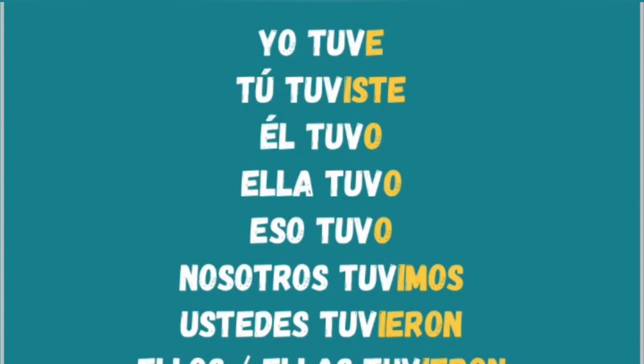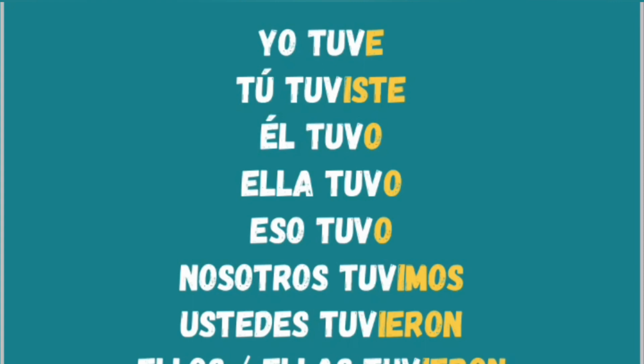So, if you want to say I had, in Spanish you have to say yo tuve. Yo tuve, okay, which means I had. Now, if you want to say you had, in Spanish you have to say tú tuviste, okay? You had.